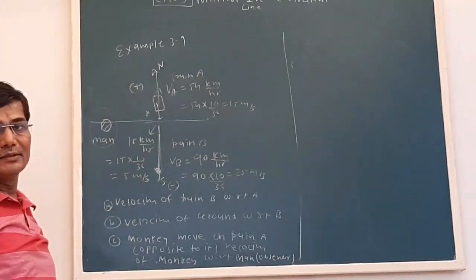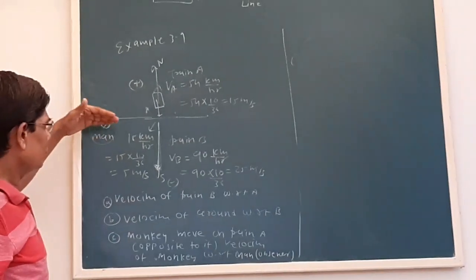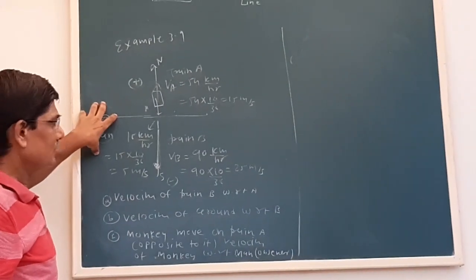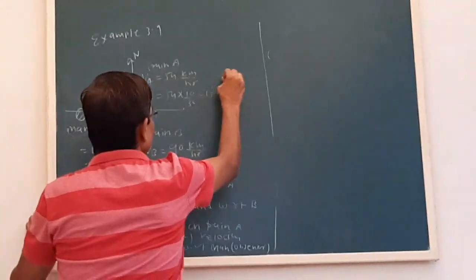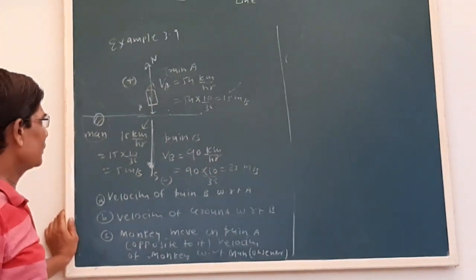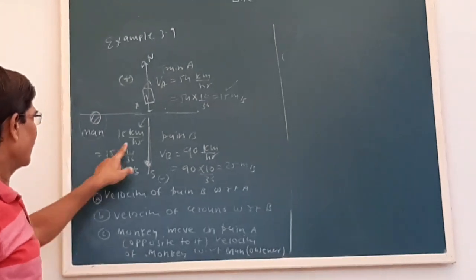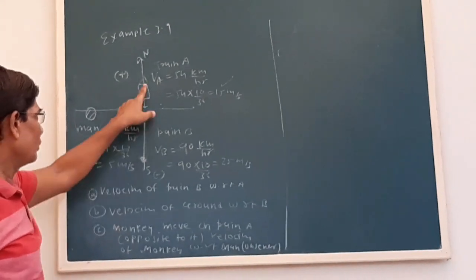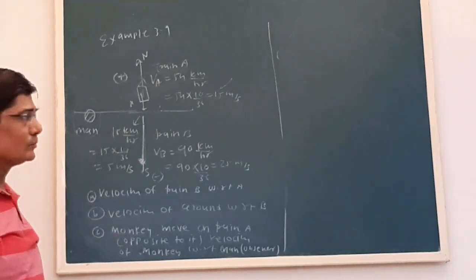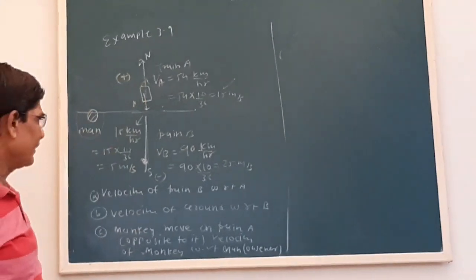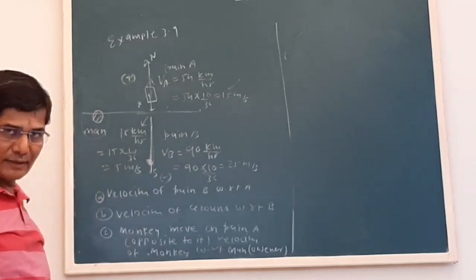Now see, for the man on the earth, the reference frame is different. So in that sense, the velocity of train A is 15 meter per second. See the velocity of the monkey for a given reference frame. See, the downward direction we take negative.